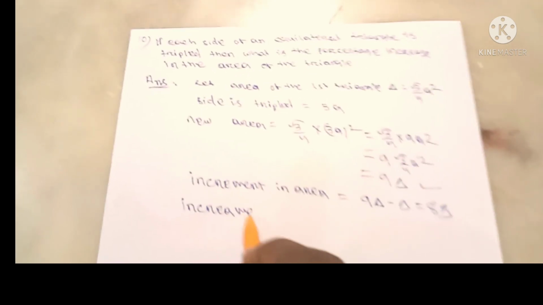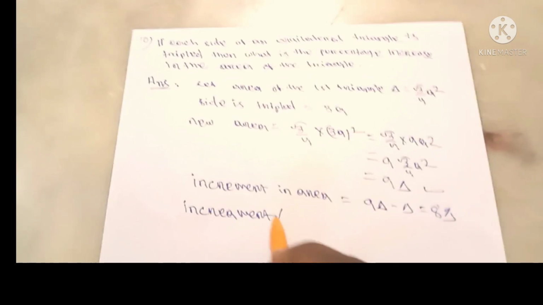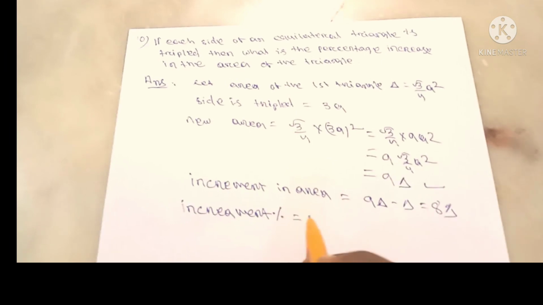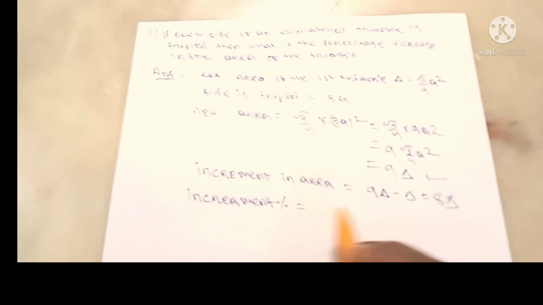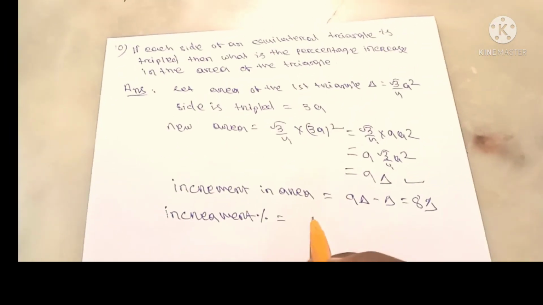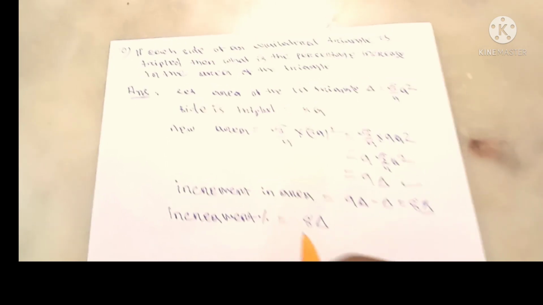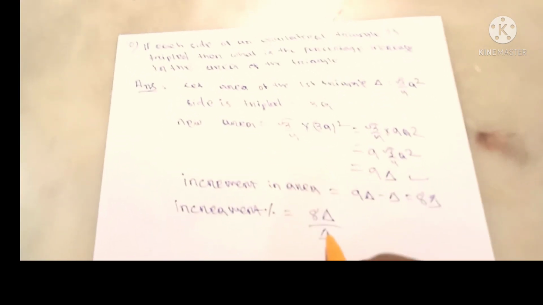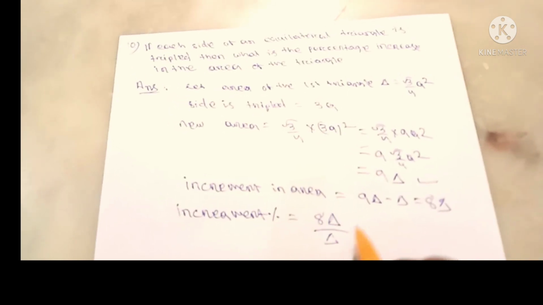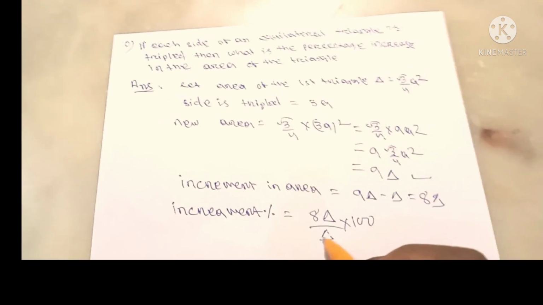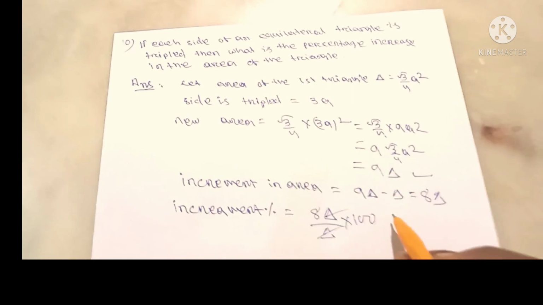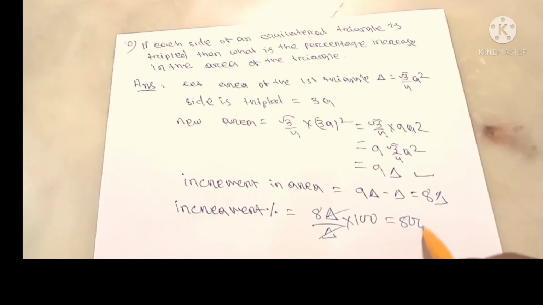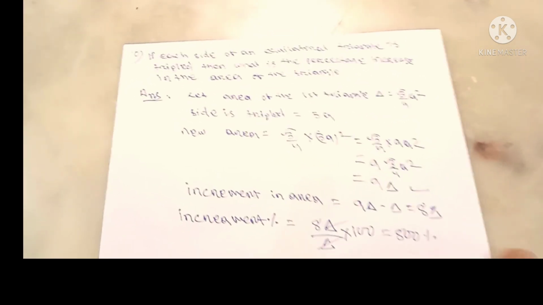Percentage increment equal to increment 8 delta by the first area delta, all the original area, into 100. Delta cancel, 8 into 100, 800%. Finish.